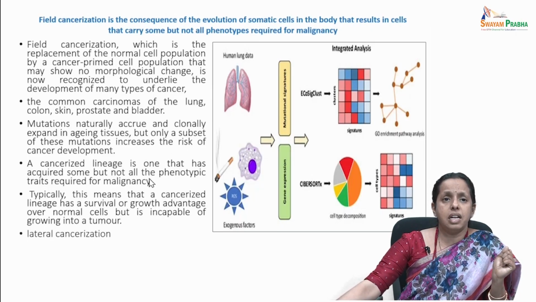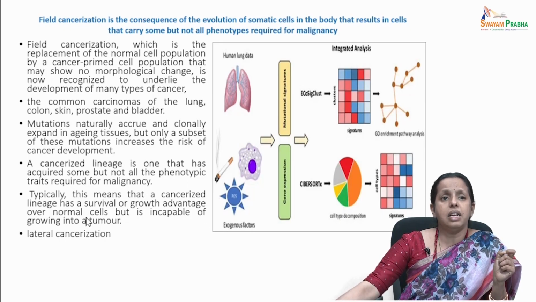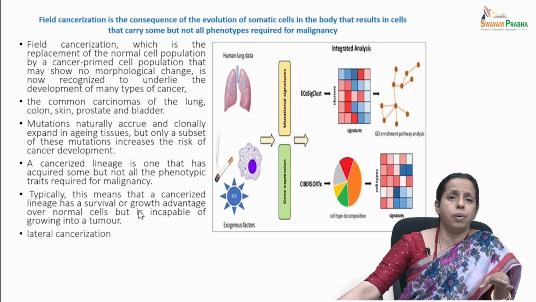A cancerized lineage is one that has acquired some, but not all, of the phenotypic traits required for malignancy. This cancerized lineage will have a survival or growth advantage over normal cells, but is incapable of growing into a tumor.